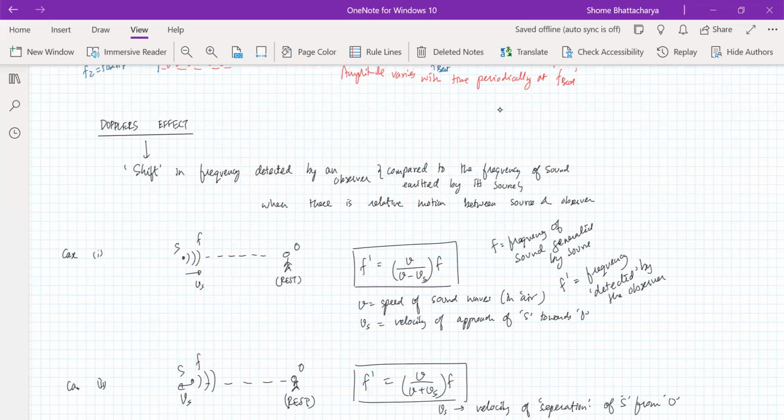In the first case, f prime is greater than f. In the second case, f prime becomes less than f.